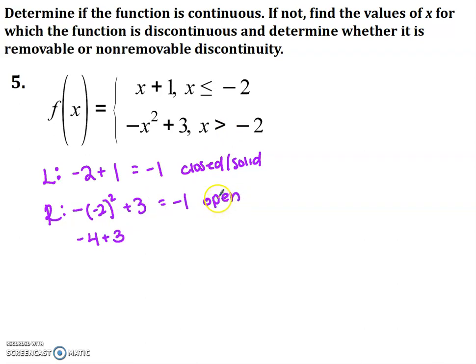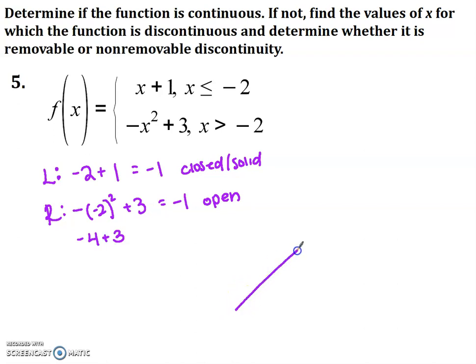And that's going to be an open circle because it doesn't have the or equal to. So while this graph ended at -2, -1 with a solid point, the next part of the graph is going to pick right back up at -2, -1. And even though this is open, since there's a solid point, that's going to fill in the circle.